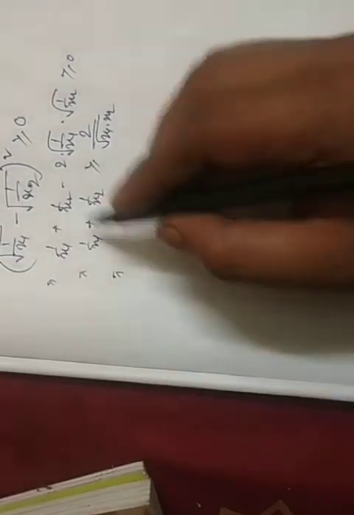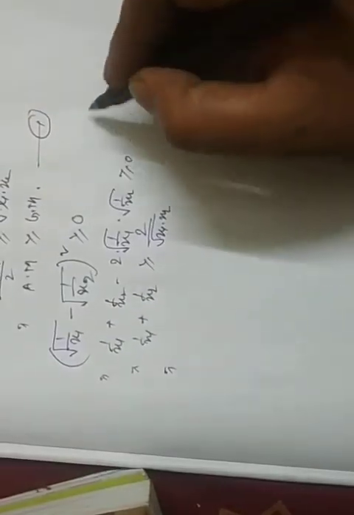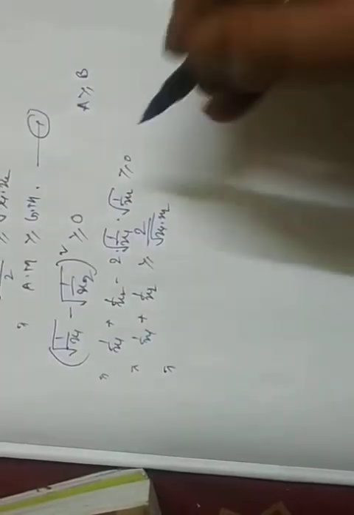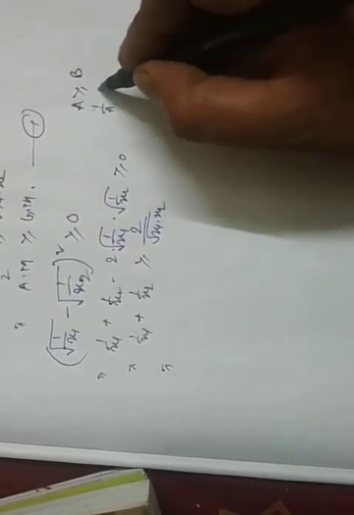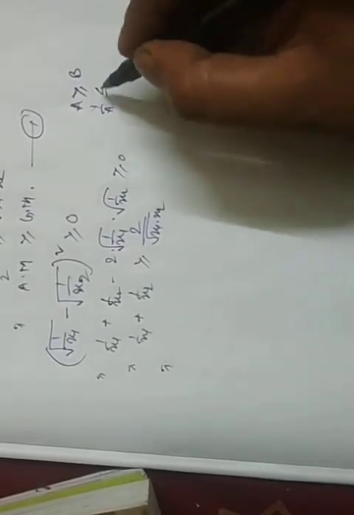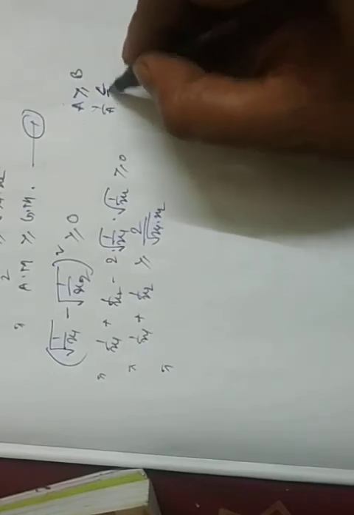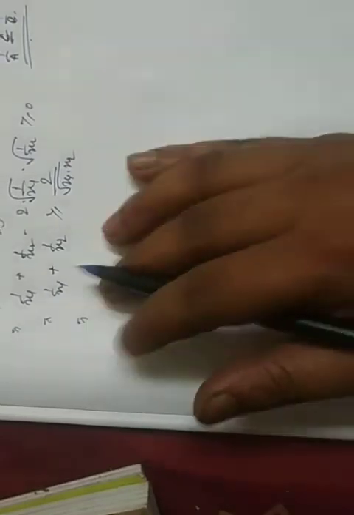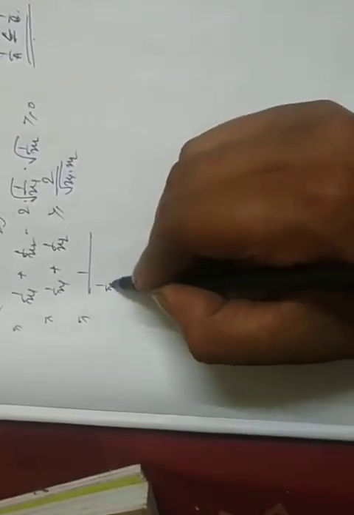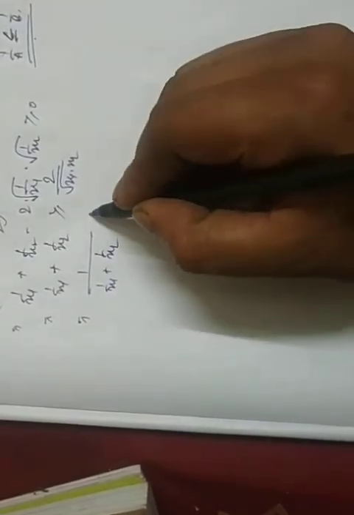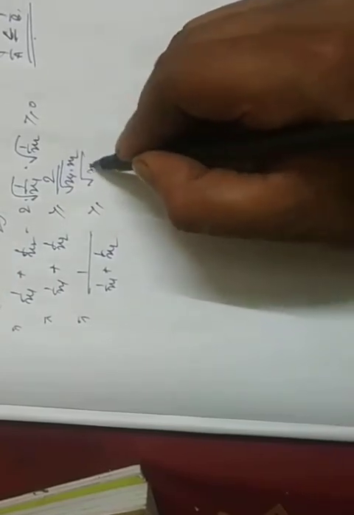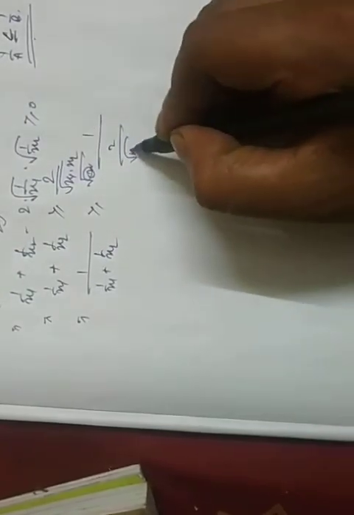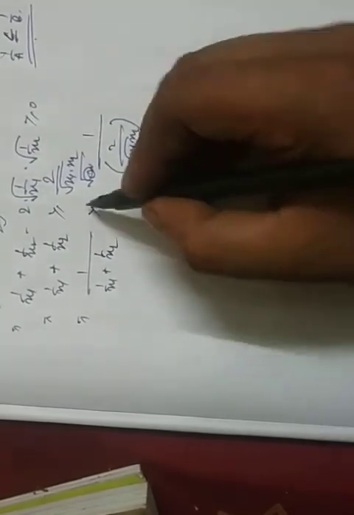Now taking the inverse, we know that if A is greater than or equal to B, then if we take the reciprocal, the sign will be inverted: 1 by A is less than or equal to 1 by B. So if we take the inverse of 1 by x1 plus 1 by x2, and 2 by root under x1 x2, then the sign will be less than or equal to.